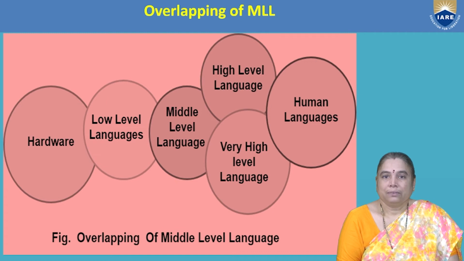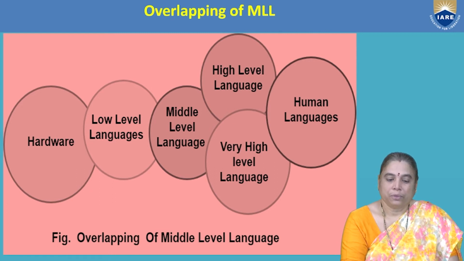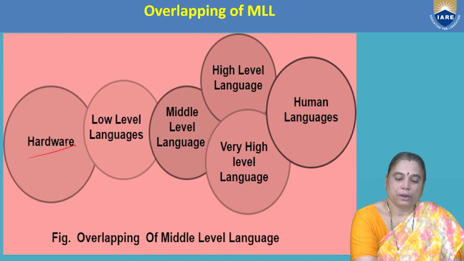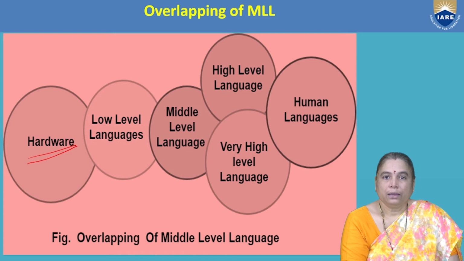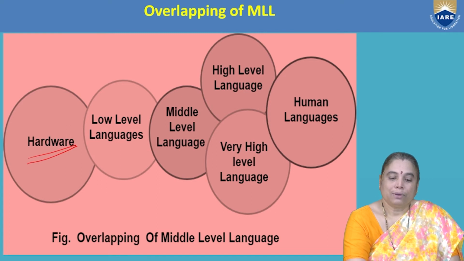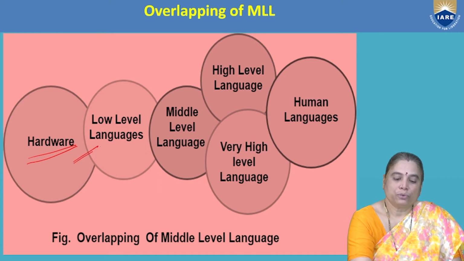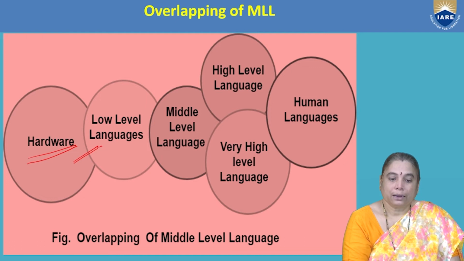So what are the three levels of programming language? How they are related to each other can be illustrated by this diagram. Here this is the hardware component. The hardware components are the internal components of the computer, the physical equipment of the computer. The low level languages are very close to the hardware; they can directly understand the hardware components.